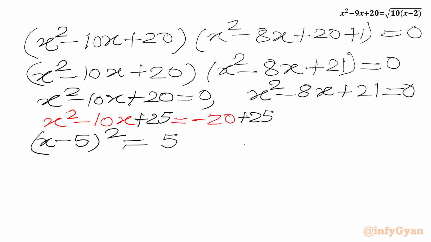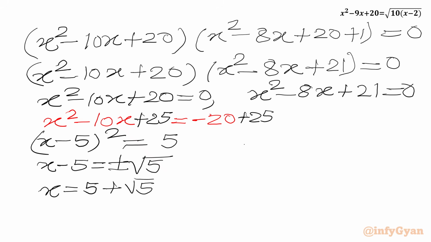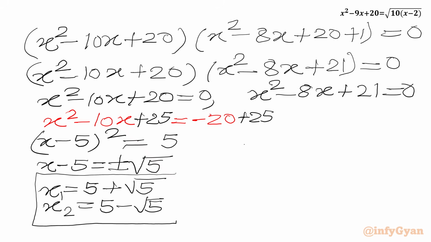Now we will take the square root on both sides. So x minus 5 will be equal to plus minus square root 5. Or we'll be getting x equal to 5 plus square root 5, and x2 equal to 5 minus square root 5. So there are two real values. We will check which solution we are going to accept and which we have to reject.